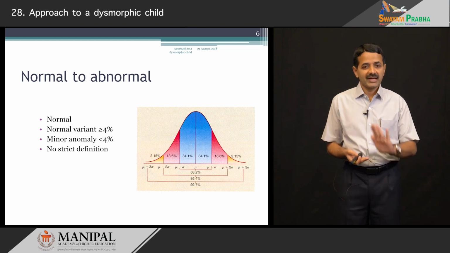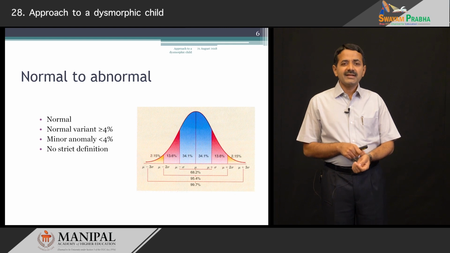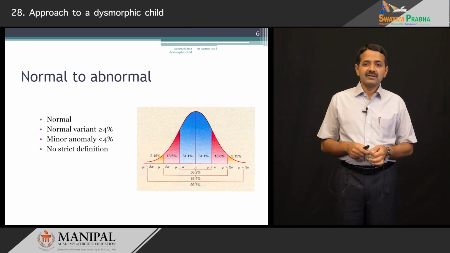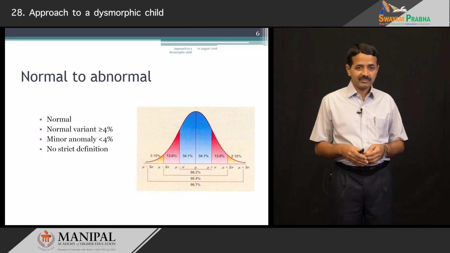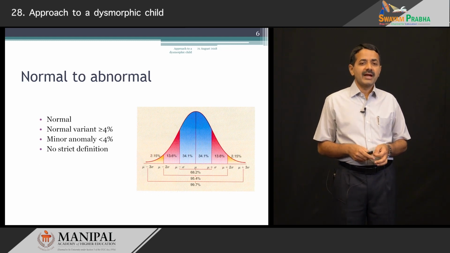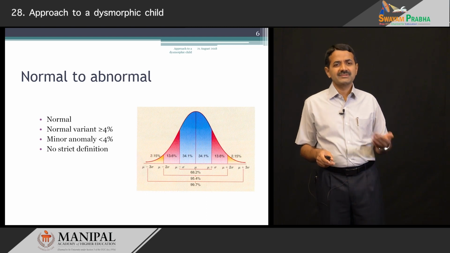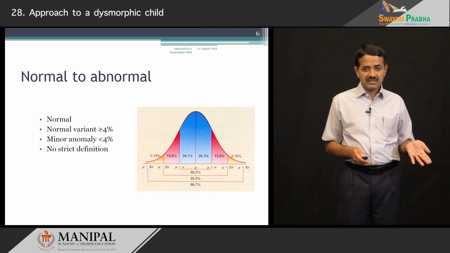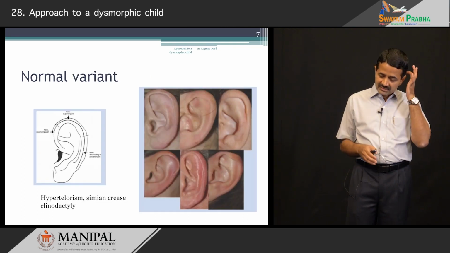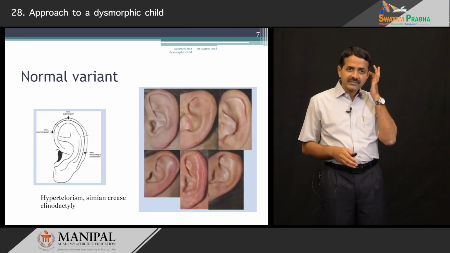These are very common and they are still normal. Minor anomaly, I will define it later, occurs in a lot of people. It is seen in less than 4% of people, and there is no strict definition of what is a minor anomaly, what is a normal variant, or what is a major anomaly, but still we have some things to discuss here.